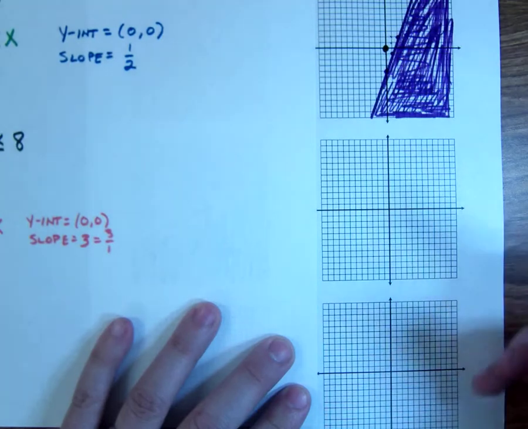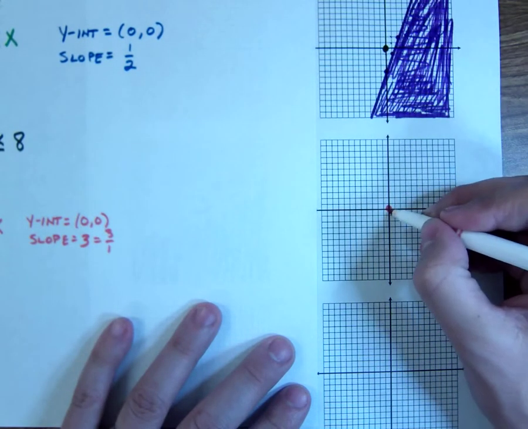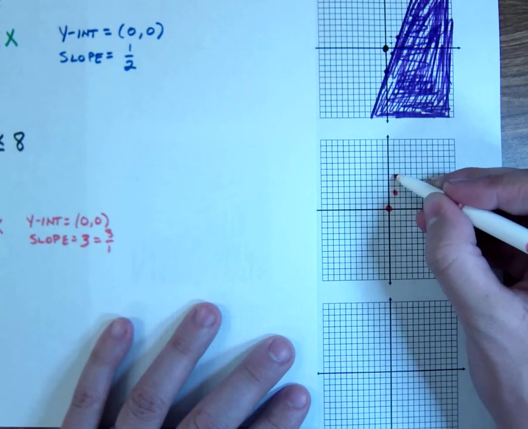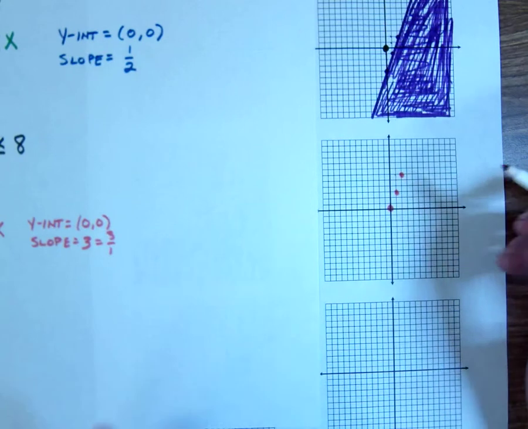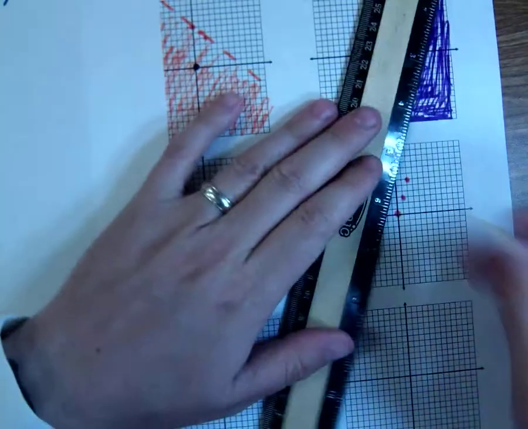The y-intercept is 0, 0. The slope is 3 over 1, so up 1, 2, 3, and over 1. When I connect these, will I connect them with a dotted line or a solid line? Solid, because it had the equal to. Great. Solid line.